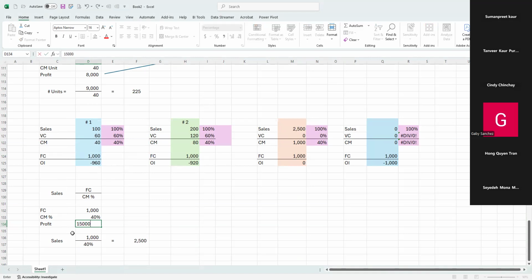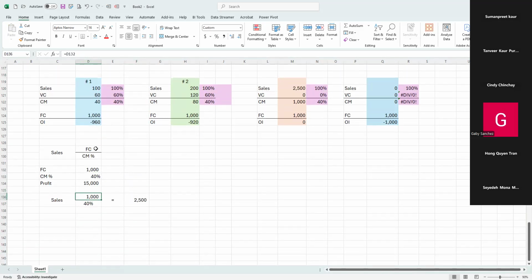Let's get you 15,000. If that's how much you want, let's get it for you. I have to make a small adjustment here in the formula to add the profit. Make sense?